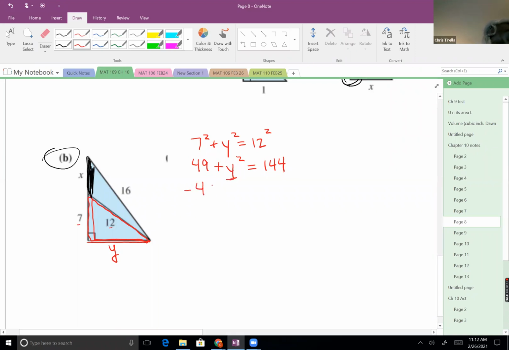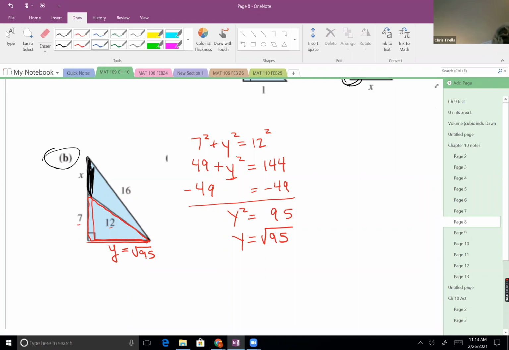So are you all right if before I square root, I subtract that 49 from both sides? Yeah. So that'll give me y squared equals 95. And so y is the square root of 95. Again, 95 is not a perfect square, so back away from the problem. Y is the square root of 95.